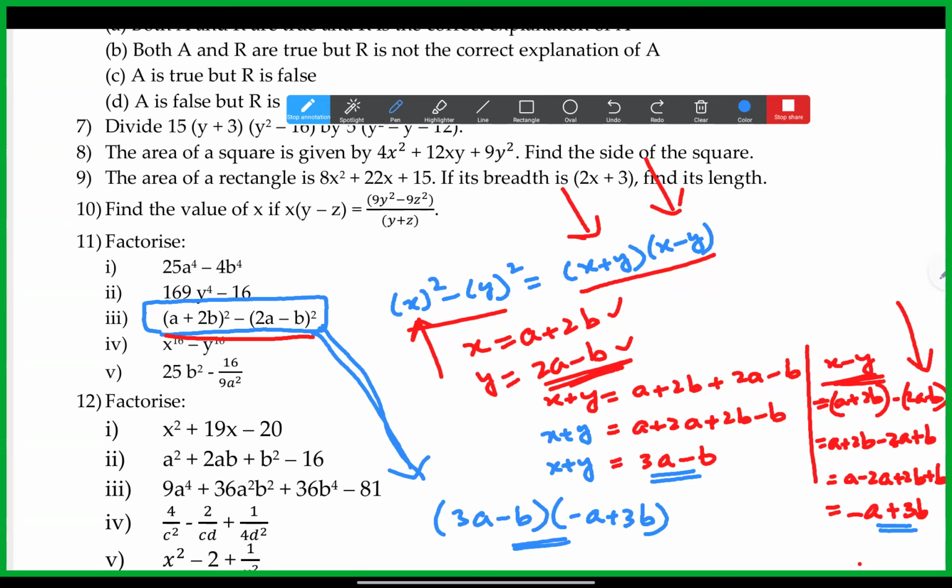This is the factorization of that. Okay, Maisha? Okay, so we'll go to the next one.